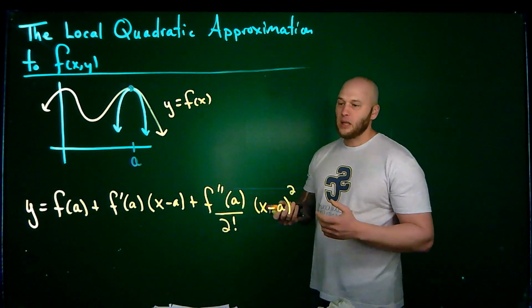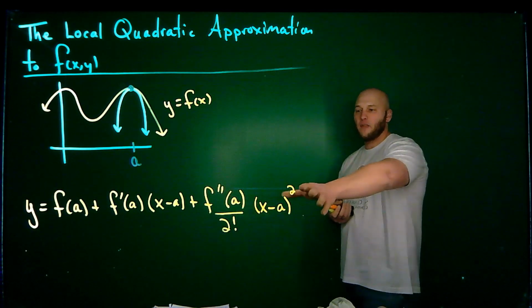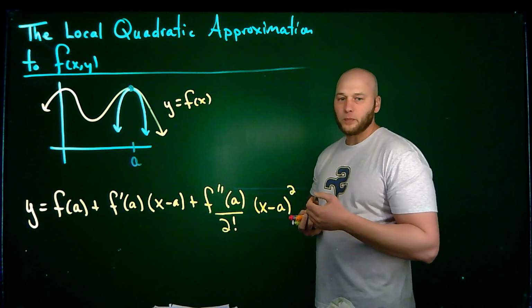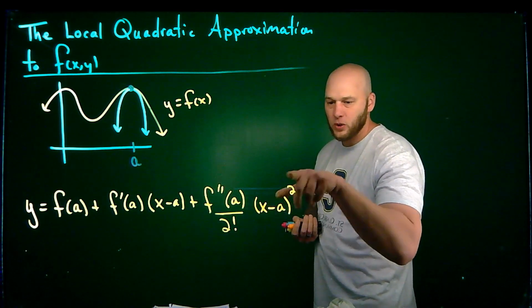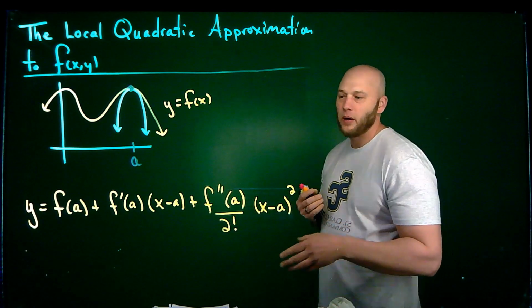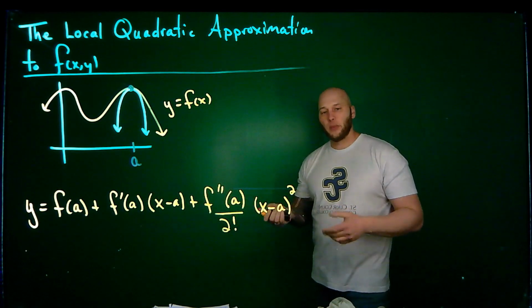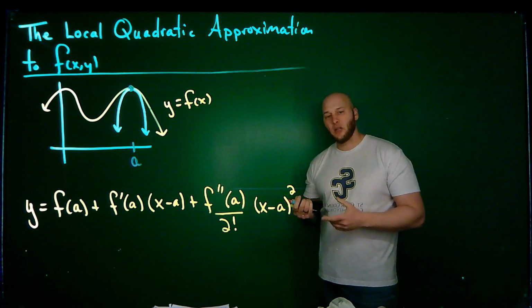Notice that the coefficients are all constants, and if I was to multiply this all out, I would have a power of x at most x squared.